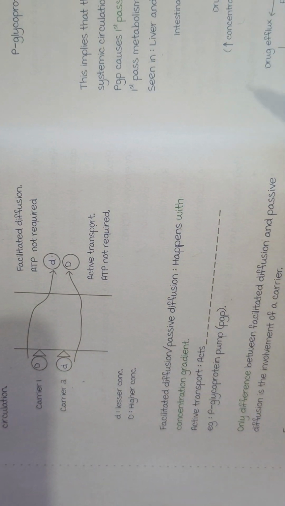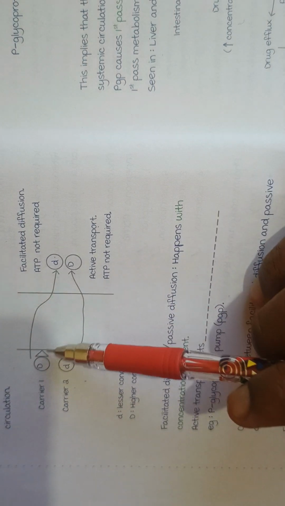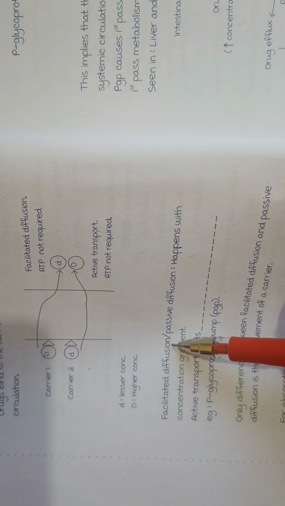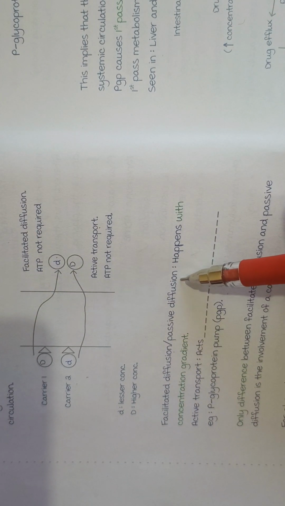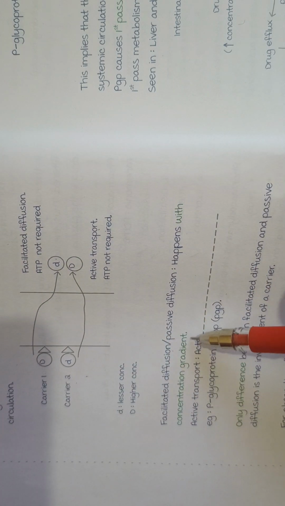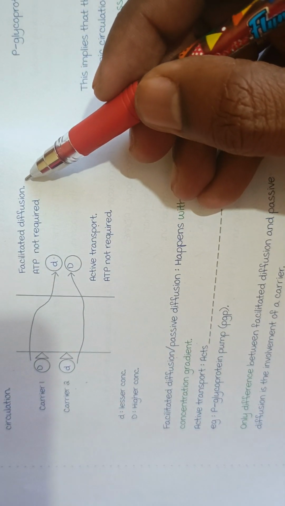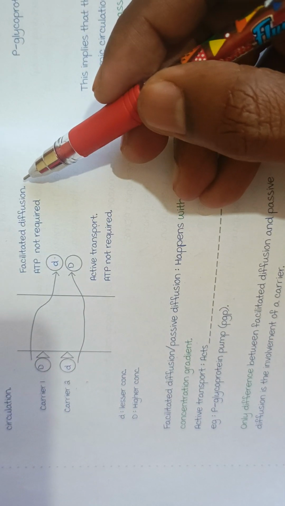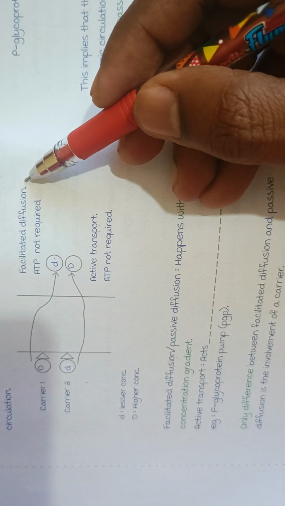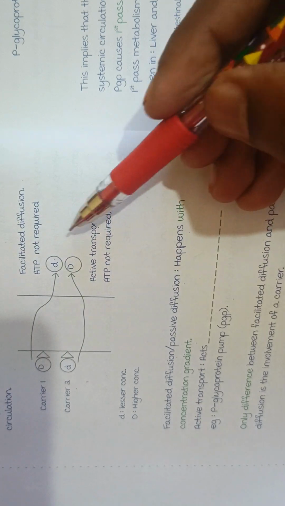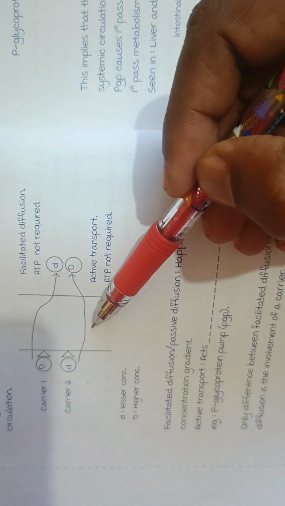What is the difference between carrier 1 and carrier 2? Carrier 1 is a facilitated diffusion, or passive diffusion, which happens with the concentration gradient. This is a facilitated diffusion. Now this is an active transport. So what is the difference between carrier 1 and carrier 2?